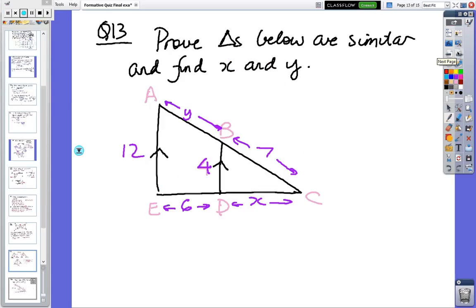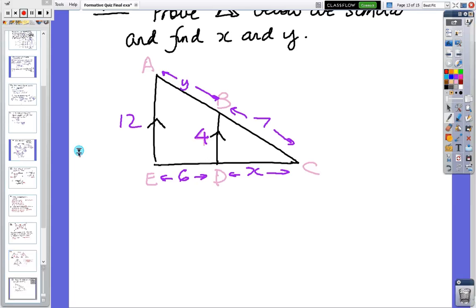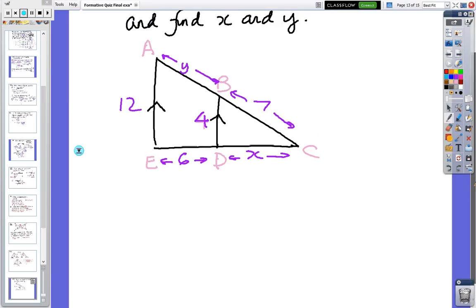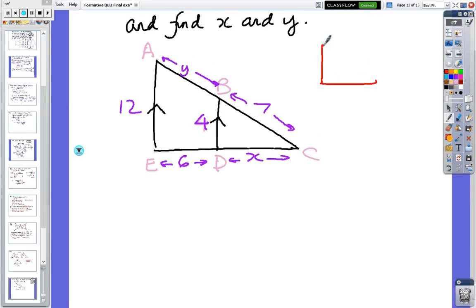Okay, so now we're to proofs. These are the harder ones. Prove triangles are similar and then find X and Y. Again, especially in my classes, I've told you to redraw the triangles and then that might help you. These ones will take a little bit of time. Okay, we're back. So I'm going to redraw the triangles.